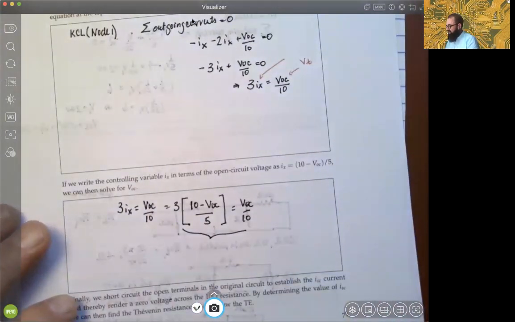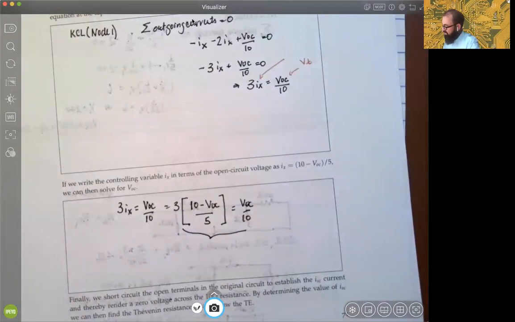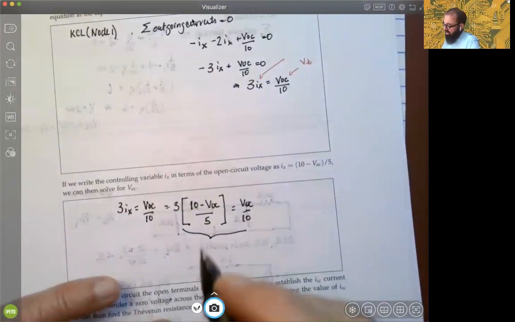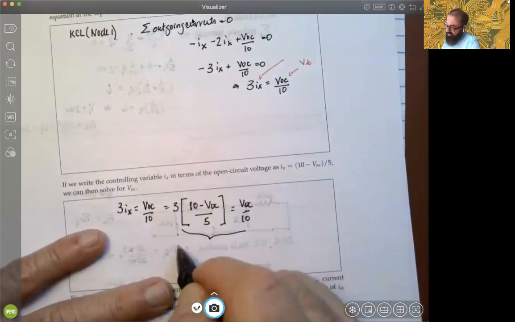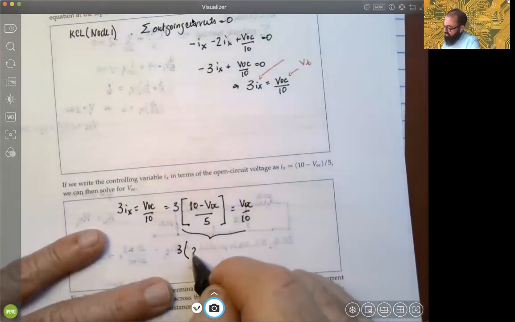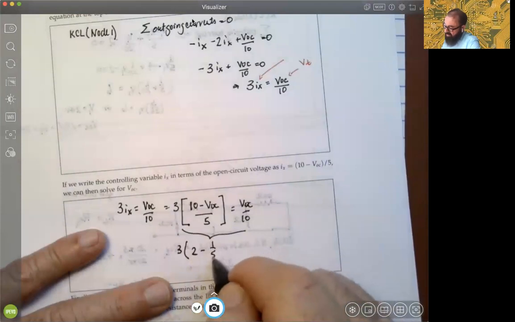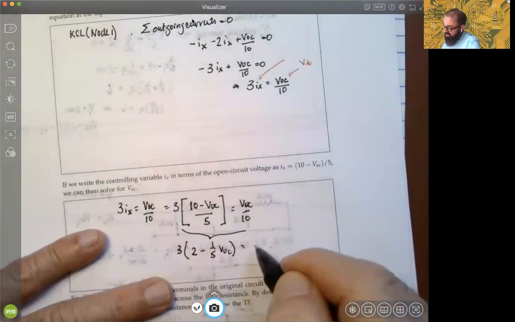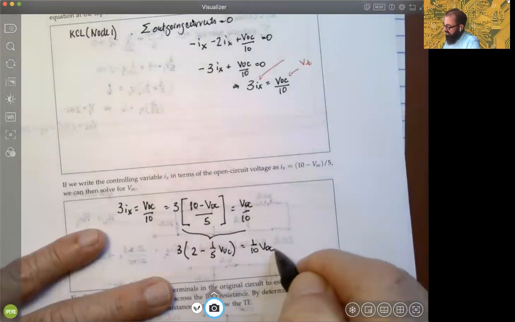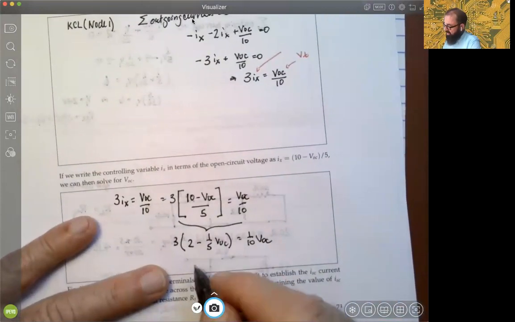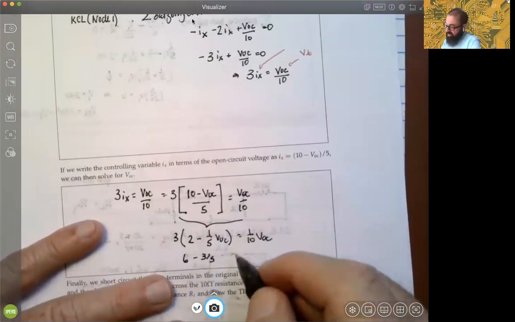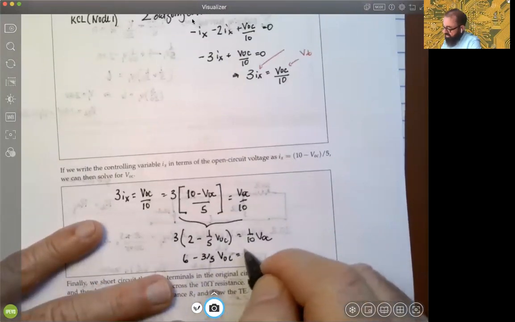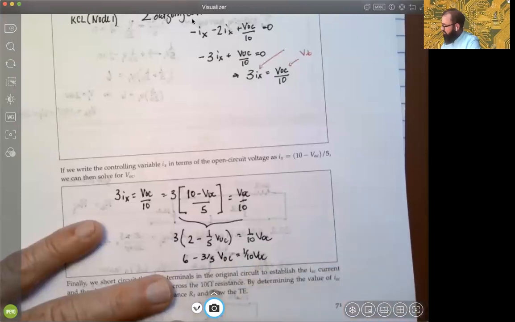So if we solve for that, let's just do that quickly here. You're going to have 3 times 2 minus 1/5 times VOC has to be 1/10 VOC. So that's going to be 6 minus 3/5 times VOC has to be 1/10 VOC.